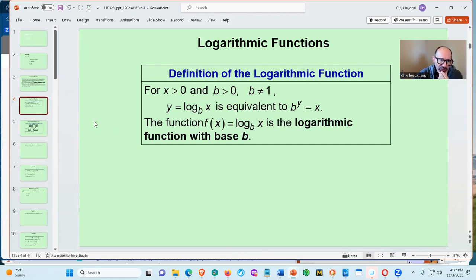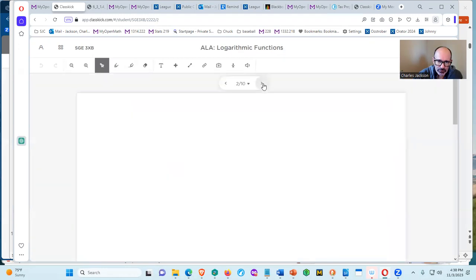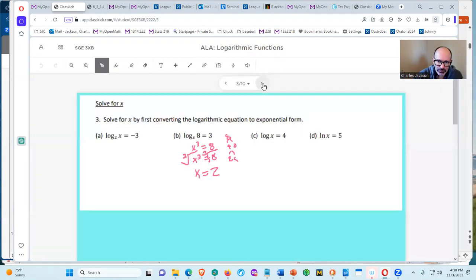So base and argument positive for the definition of the logarithmic function. Kind of interesting though, the non-real roots of 8.